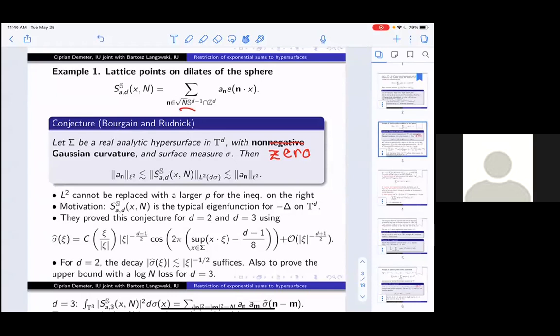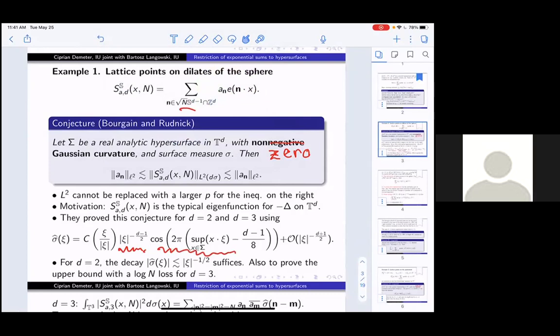And what they do is they solve the conjecture for d equals 2 and d equals 3 by essentially using the Fourier expansion of the surface measure for a typical hypersurface sigma. So there's this formula at the bottom of the screen that I don't want to comment too much on, except that there is a decay, a sort of magnitude, and there's also the oscillatory part that comes from here.